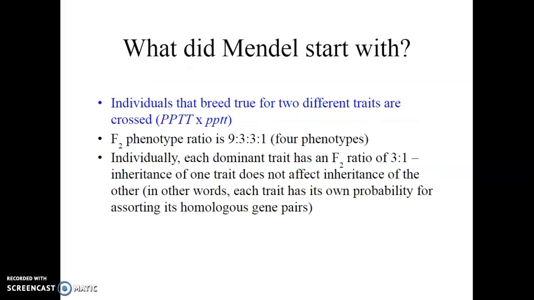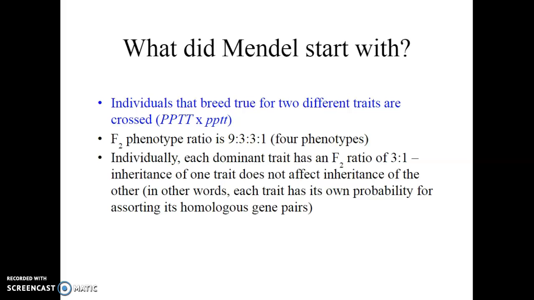So what did he start with for his dihybrid cross? Obviously he didn't animate this slide. He started with two different pea plants. One pea plant was dominant for the flower color, purple, and dominant pure for the height, the tall gene variation.